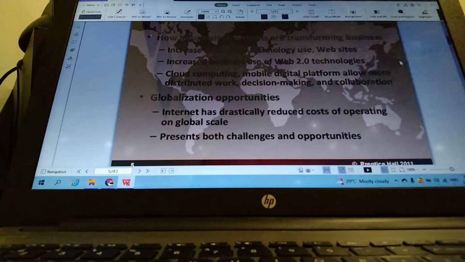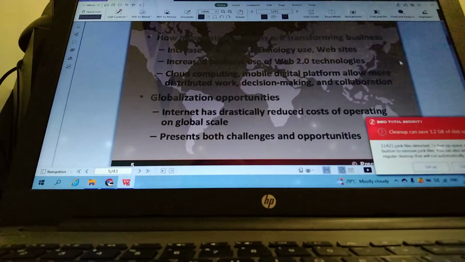With the availability of the internet, it has reduced the cost of operating on a global scale. Five years ago, for example, we had heard of only one or two companies operating at a global level, such as eBay and Amazon.com, right? But today we have so many companies collaborating and operating at a global level, such as Lazada, Shopee, Alibaba, ePay, PayPal, and so on.